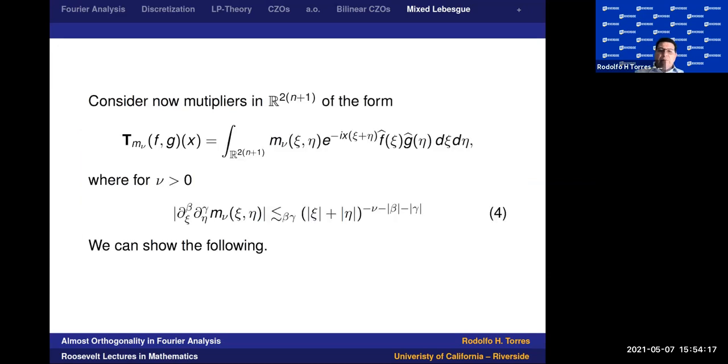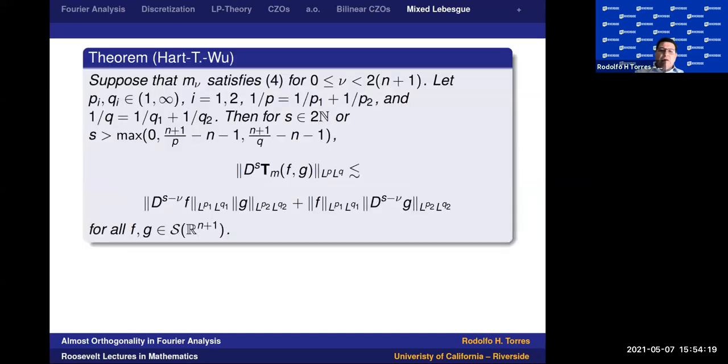However, what do we do when we apply the derivative of this operator? Remember, I was trying to show this for derivatives. So now I apply this operator and then I take S derivatives and I get this Leibniz rule.